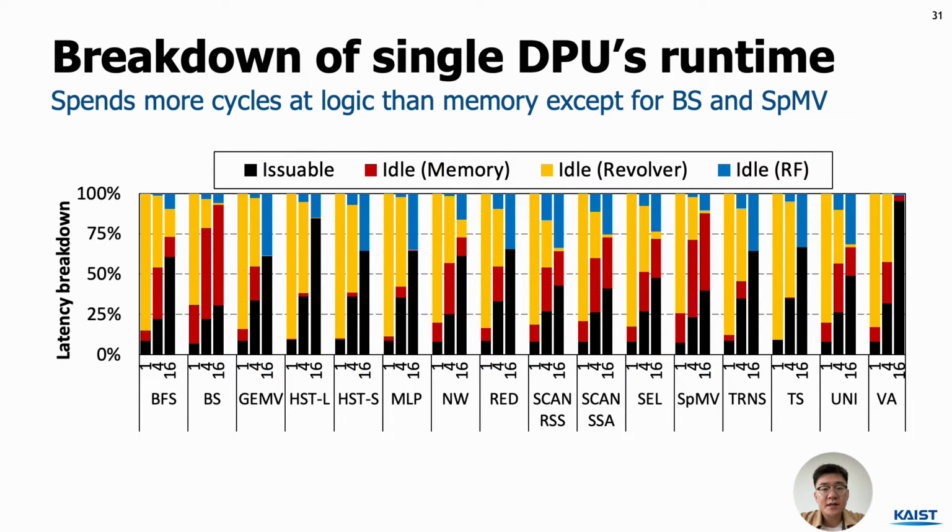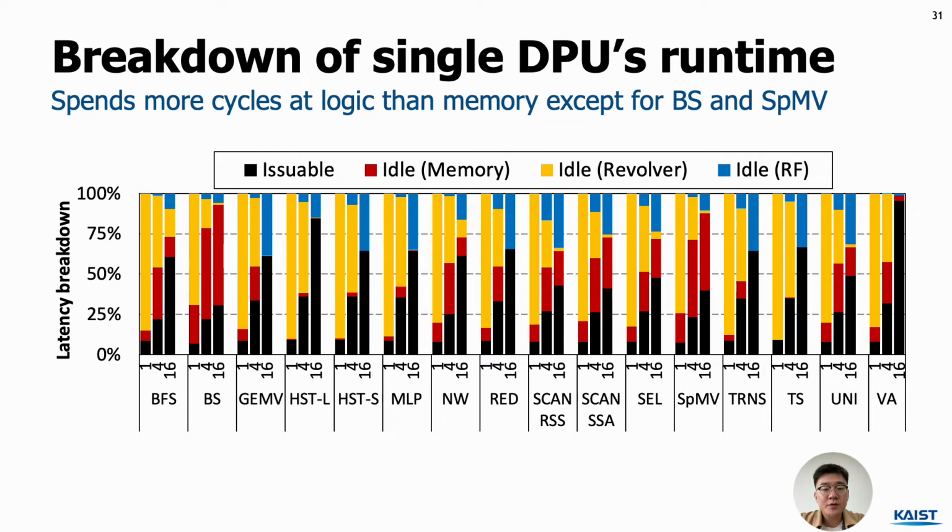The same tendency can be observed in this figure too. The x-axis is the same as before, and the y-axis is the latency breakdown of each DPU state. The issuable state, colored in black, is when the DPU is able to issue and execute an instruction, and all other colors, red, yellow, and blue, are situations where the DPU is not able to issue an instruction due to off-chip memory accesses or structural hazards within the DPU microarchitecture.